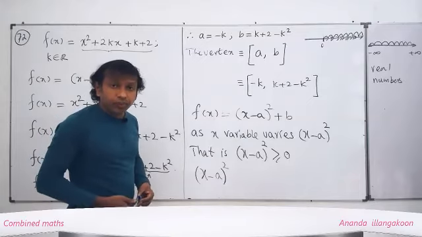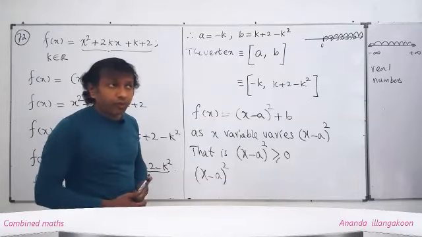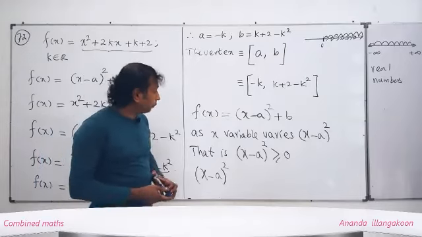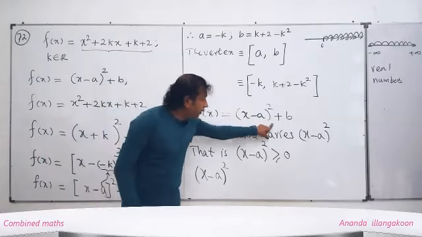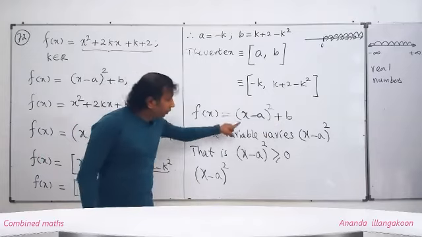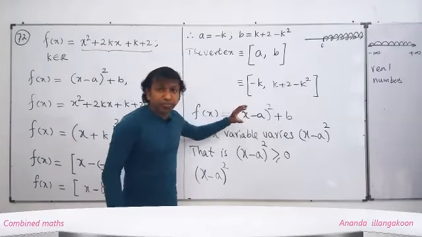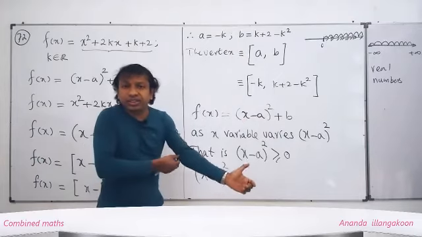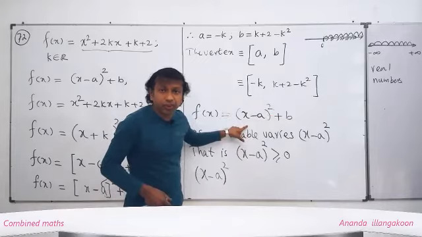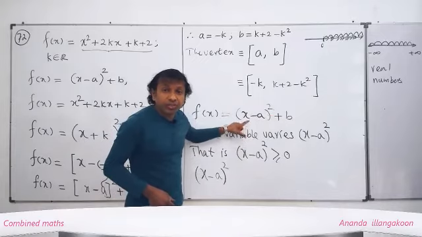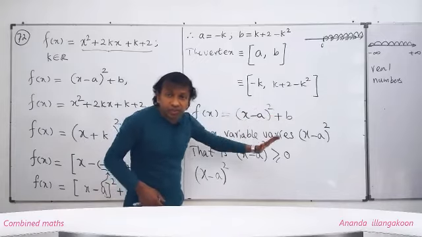Therefore, all right, people, now to the right hand side, look at this again, f(x). This x minus a perfect square, maximum value, highest value, nobody can say. But we can say the minimum value for this. What is that? 0. When that is 0, the right hand side comes to the least value.